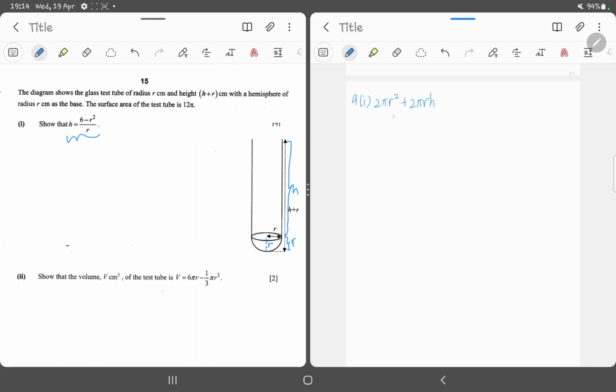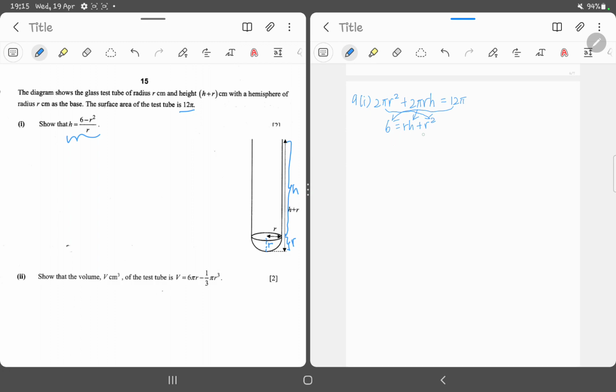Based on the question, the surface area of the test tube is 12 pi. So this equals 12 pi, and then 6 equals rh plus r squared. What we did here is divide everything by 2 pi: we get rh, r squared, and 6.